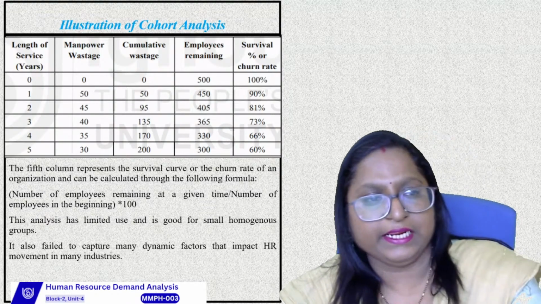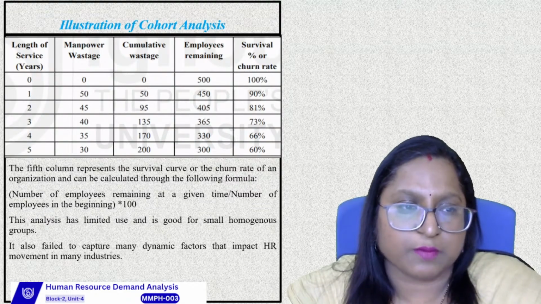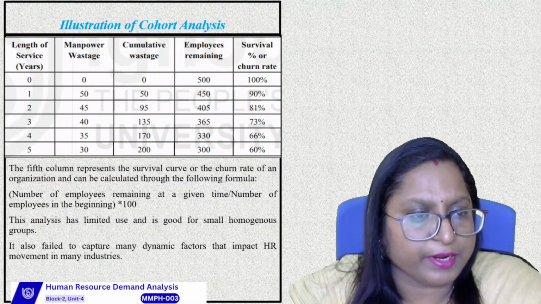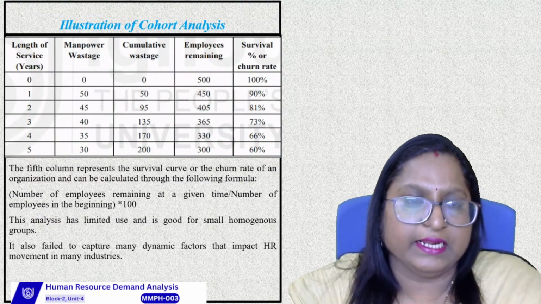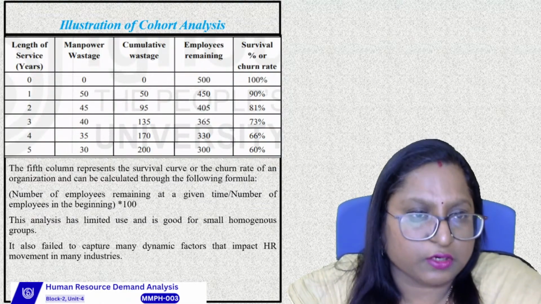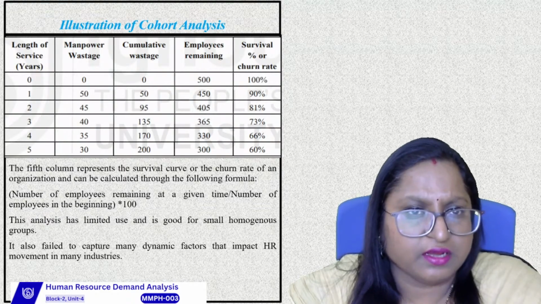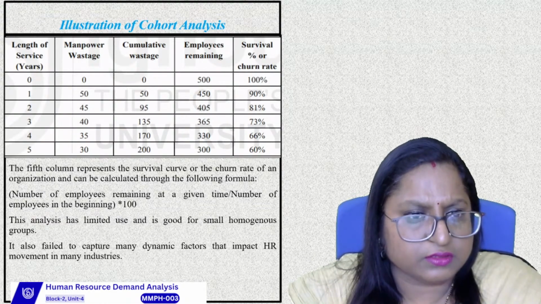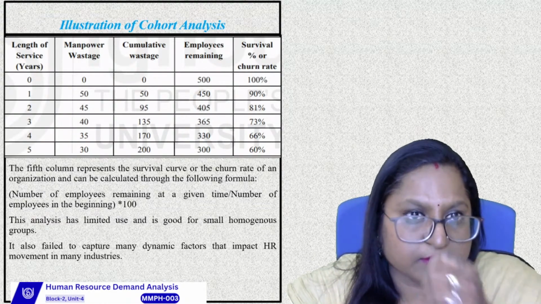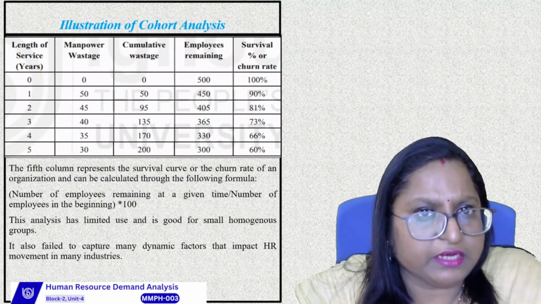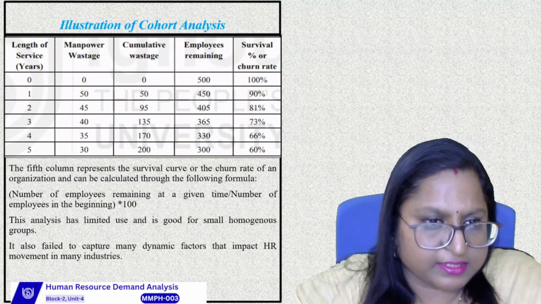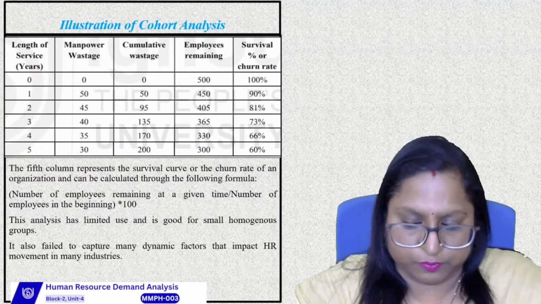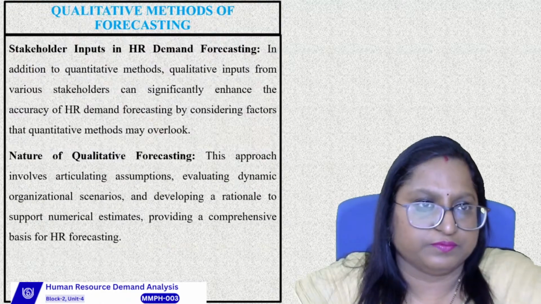So by putting the formula, that is the number of employees remaining at the given time divided by the number of employees at the beginning, in case of the first row, the total number of employees remaining was 500, and we can say the value of the churn rate is 100. Similarly, by putting the formula, we can find out the total churn rate.